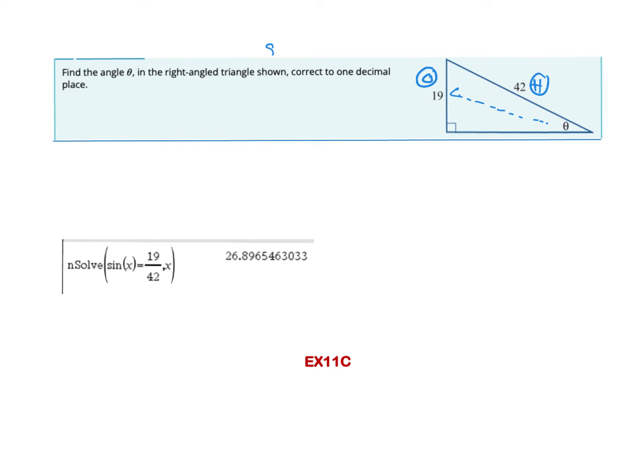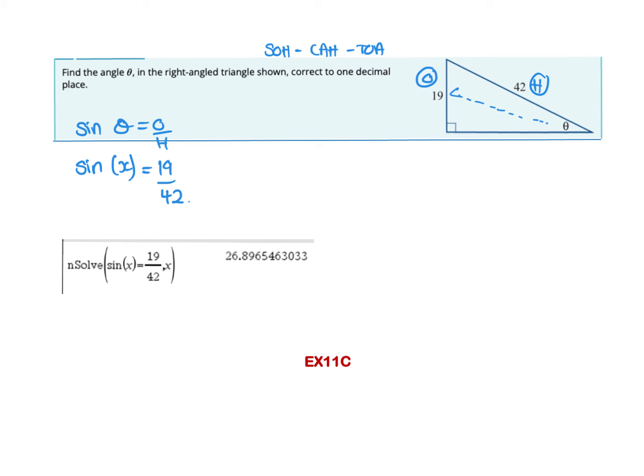Hypotenuse, good. So if we wrote SOHCAHTOA up at the top, which one would it be? Sine. Good. So we're going to write the formula out. We're doing all the same steps, and now we're going to substitute. Instead of putting theta, I'm going to put x, because that's the one I don't know. And then I'm going to put 19 over 42.